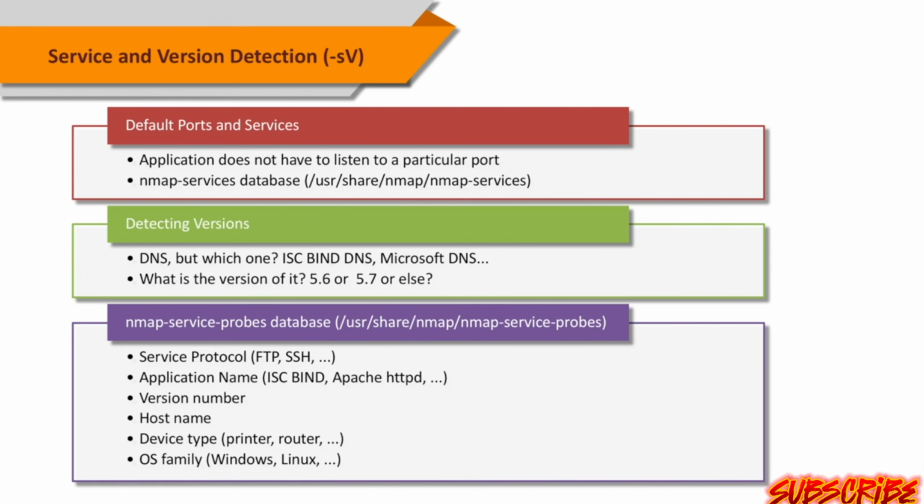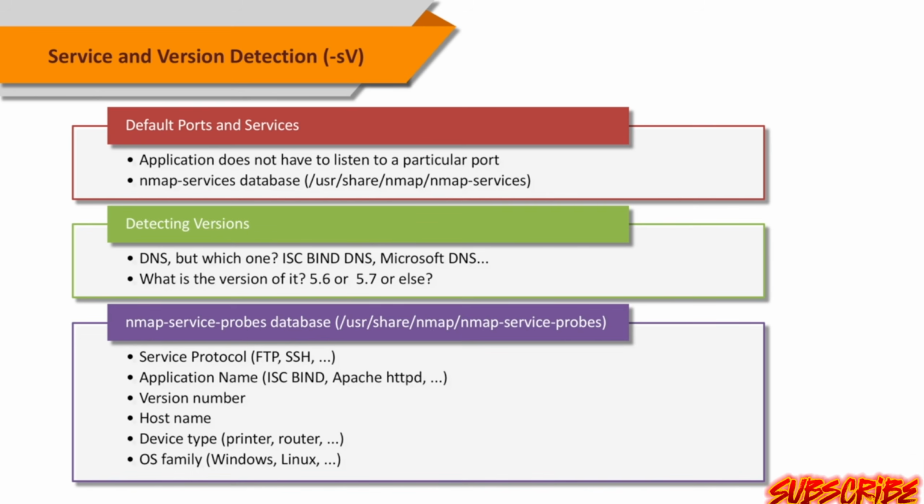The Nmap service probes database contains probes for querying various services and match expressions to recognize and parse responses. Nmap tries to determine the service protocol, for example, FTP, SSH, Telnet, HTTP.